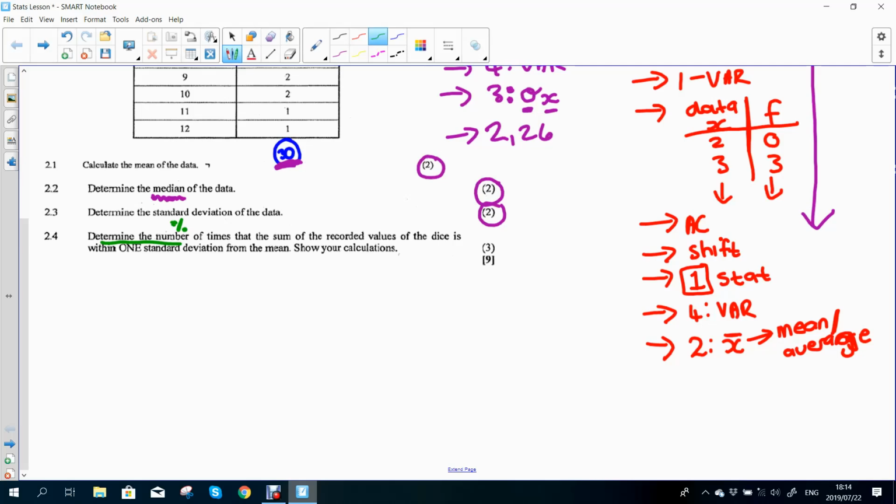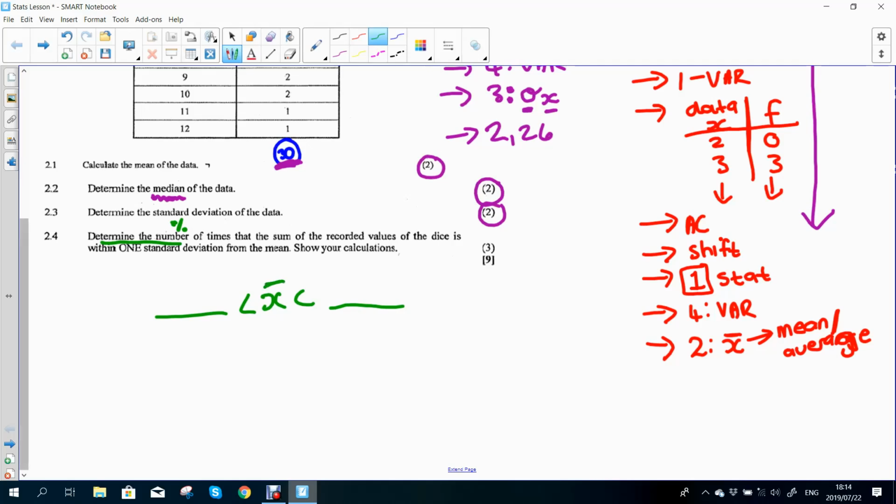So we need to first determine what is the range that I'm looking at. So I have my data value in the middle. What is the lower boundary and what is the upper boundary that I'm actually looking at? If you want to go 1 standard deviation from the mean, your mean is in the middle.